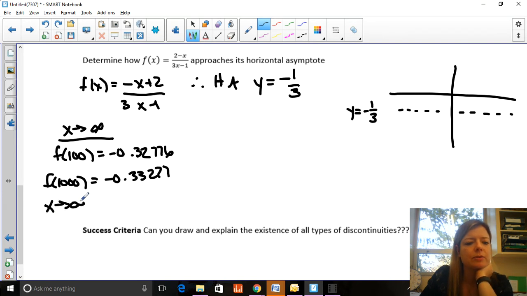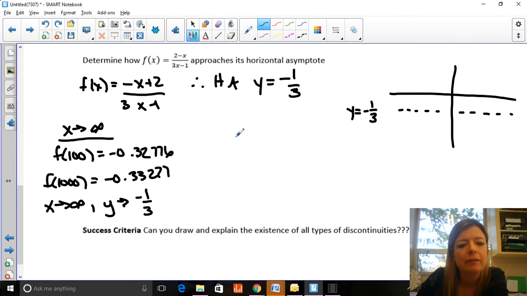So as x approaches infinity, y is approaching -1/3, okay, from above, because these are slightly less than 1/3, but in the negative, that would be from above, okay? So from above. So that means you're going to have something looking like this. So as you go to infinity, it's approaching it from above, okay?